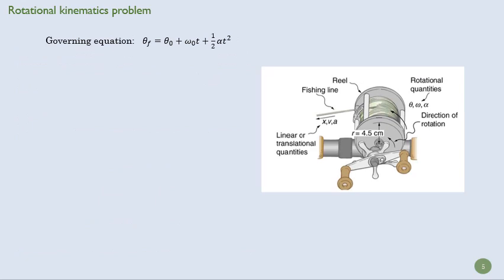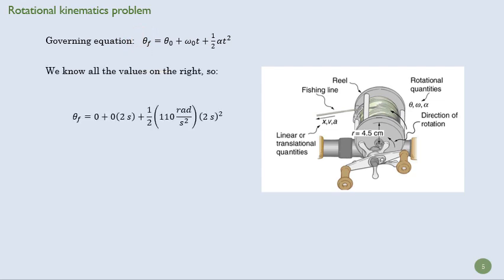So we look at our kinematic equations and we decide on this one. It doesn't have omega f, but it's got theta f, which is what we want. And we can plug in our values here. Initial position is 0, our initial velocity is 0, so this term zeroes out.